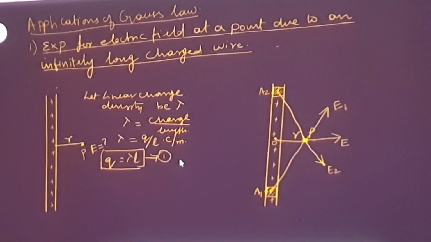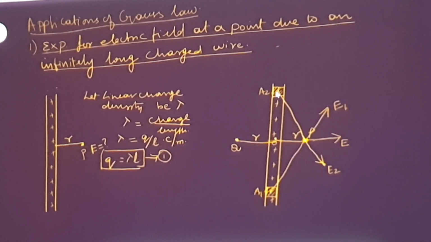Symmetrically, consider another point on the other side of this charged wire. Let us consider that point as Q. Now, the point Q and the point O are again separated by the same distance R. Similarly, like the previous one, consider the two charge elements A1 and A2.